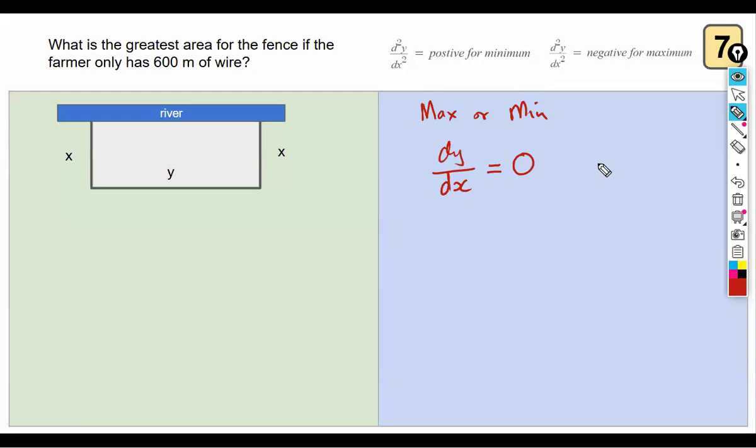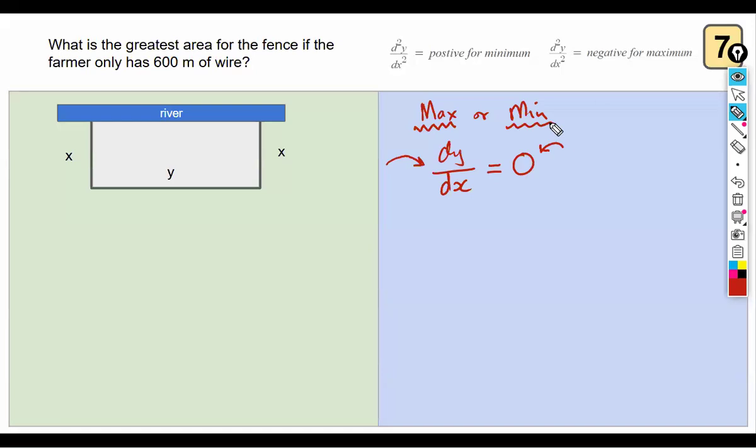Either maximum or minimum. But the problem is, whenever we differentiate once and we put it equal to 0, and we solve for whatever letter we're trying to solve for, all we know is it's either a maximum or minimum.